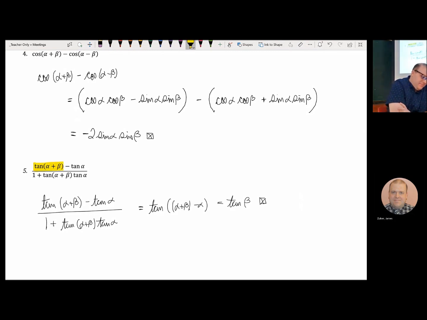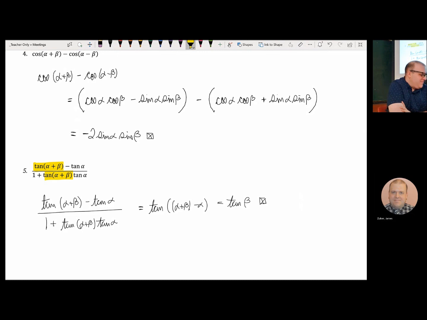Replace both of those with tangent of alpha plus tangent of beta all over 1 minus tangent alpha times tangent beta. That's the sum identity for tangent. Then you have to do algebra to simplify it, and you'll get tangent of beta.